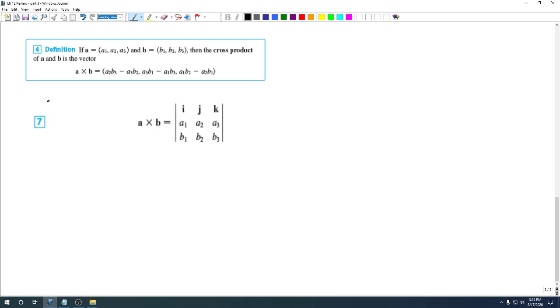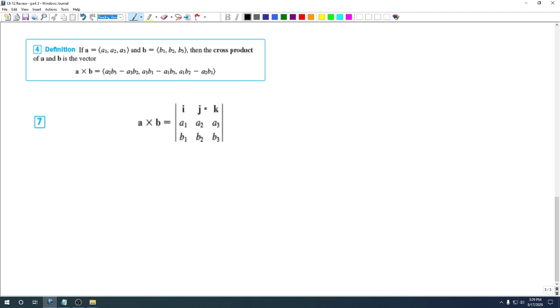So here, using the same a and b that we have up here, what we do to take their cross product is write down a as the second row and b as the third row of a 3 by 3 matrix, and then put our standard basis vectors i, j, and k as our first row. And then if you know how to actually find the determinant, you would follow that formula.